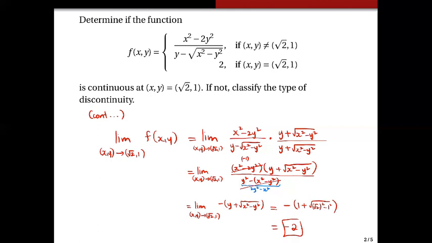So as a conclusion, therefore, f is discontinuous at the point square root of 2 comma 1. The discontinuity is removable.